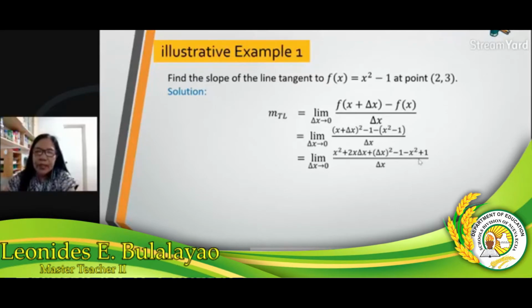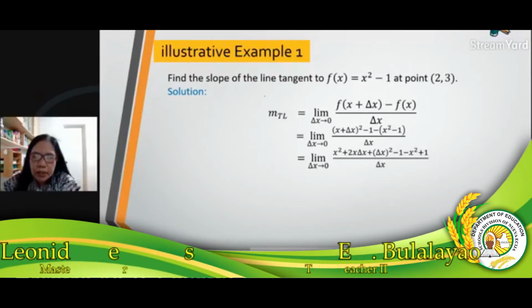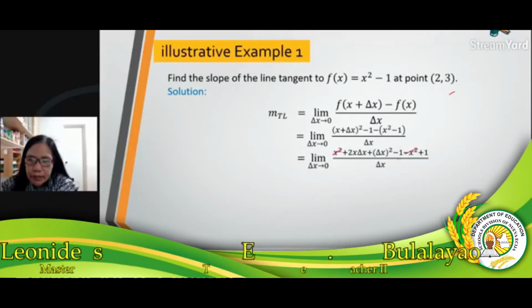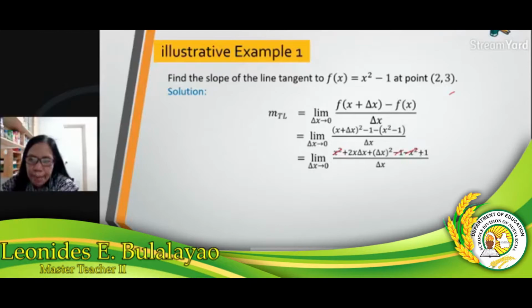So therefore, we have x squared here, and this is negative x squared, and then negative 1 plus 1. Then we have 2x delta x plus delta x squared.